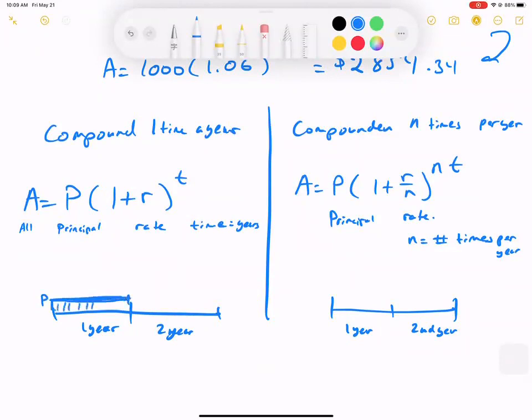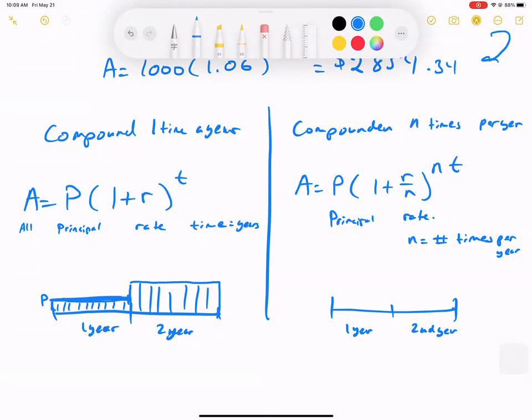Yay, we have money in the bank. But that money does not change till the end of the year, and then you get a bump. And then we can make money off that bump. So you can't make any extra money till the end of the year. After the first year is over, you have extra money, then you can apply interest to that new amount.